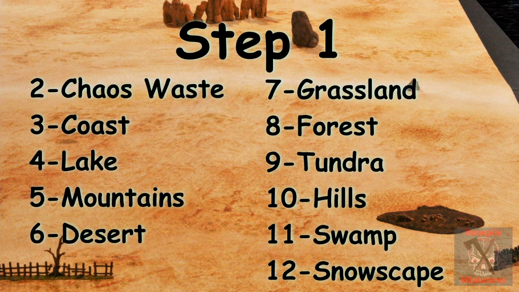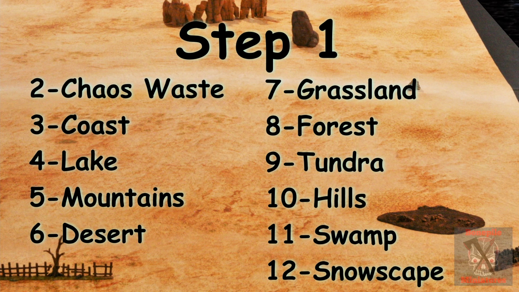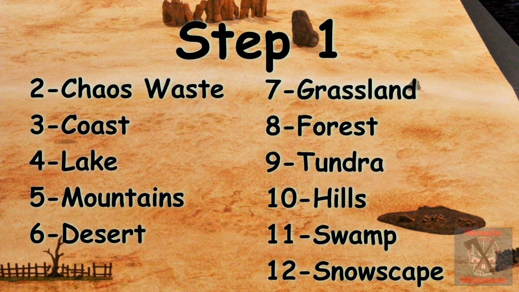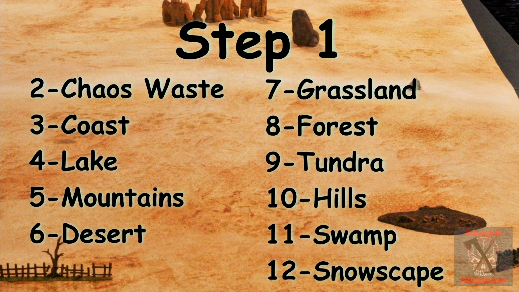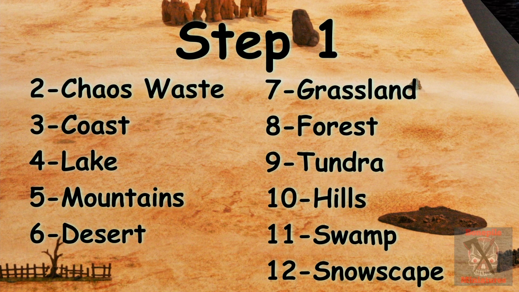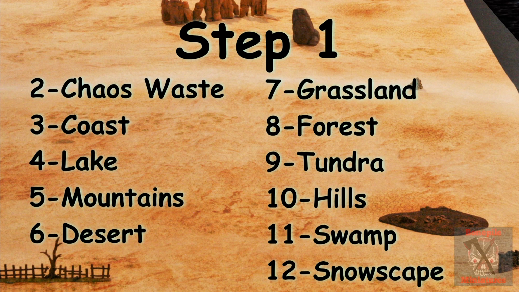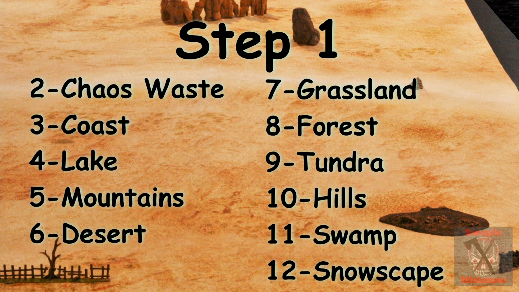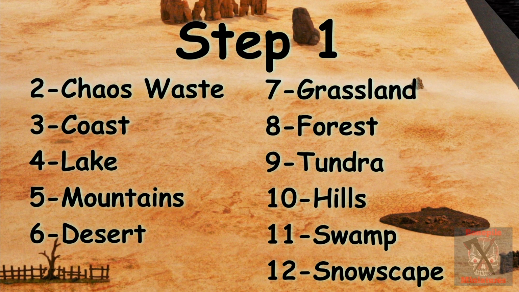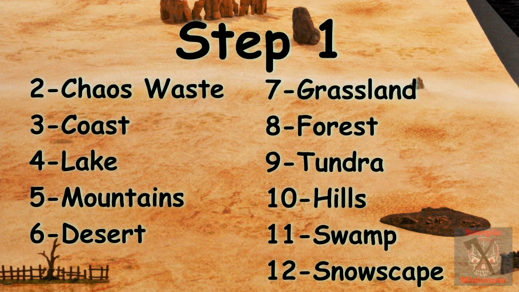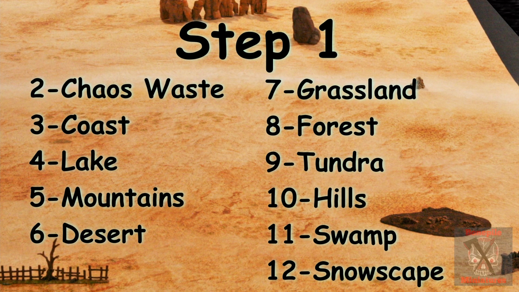You don't really have to have a model of everything. A piece of paper could represent a hill or a forest or a sand trap or something, anything you need it to be. So that's always an option. But this takes care of the first step, which is really straightforward. Now we'll move on to step 2.